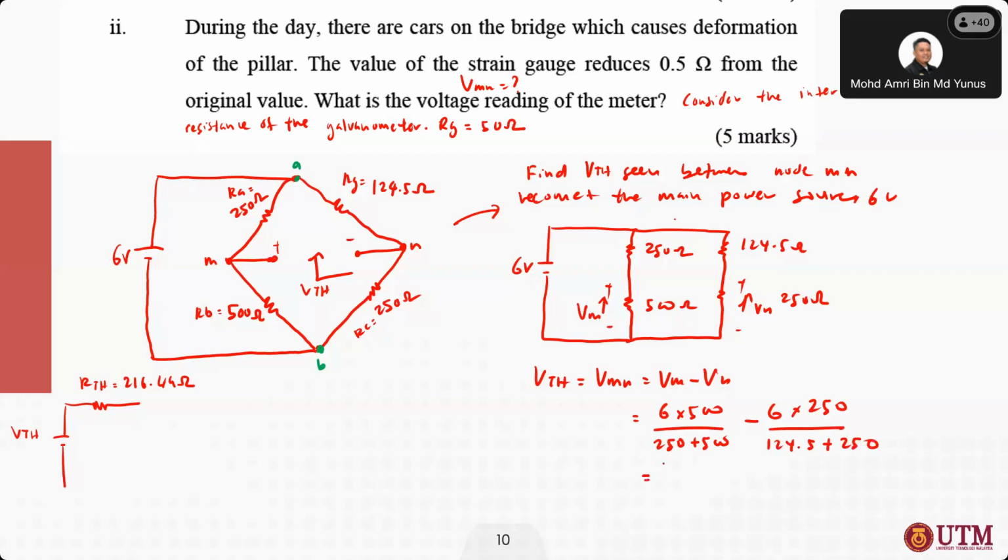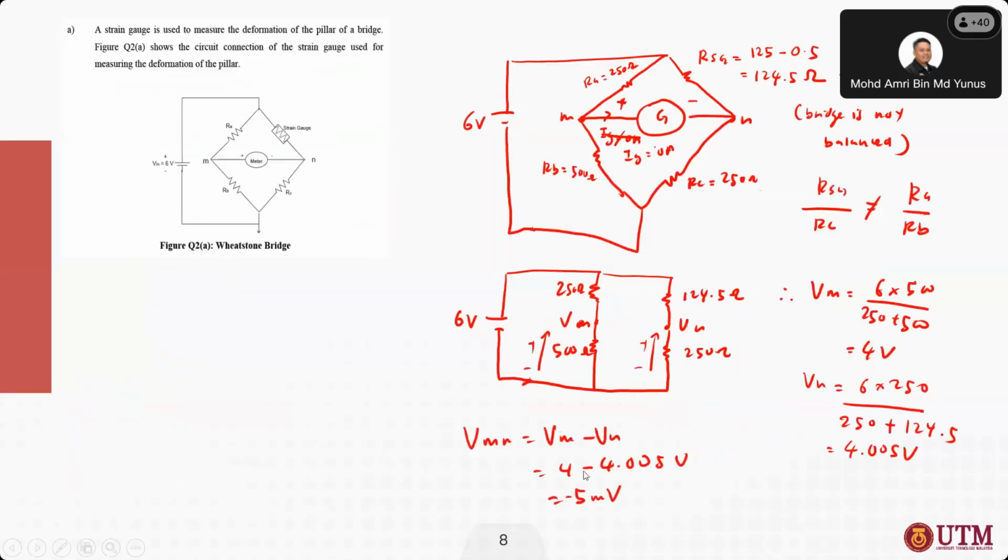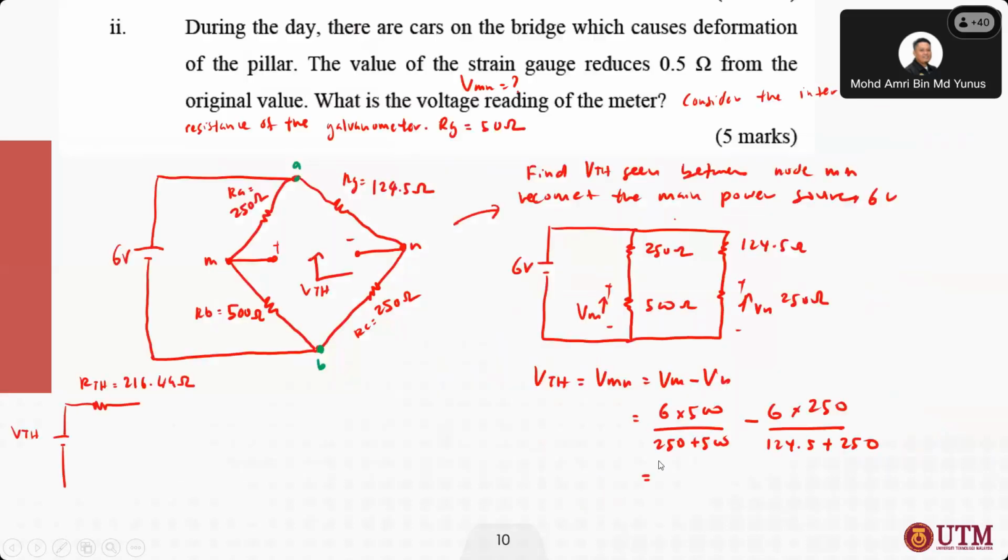I think we have solved it here. So you basically will get negative 5 millivolts. So our VTH is negative 5 millivolt.